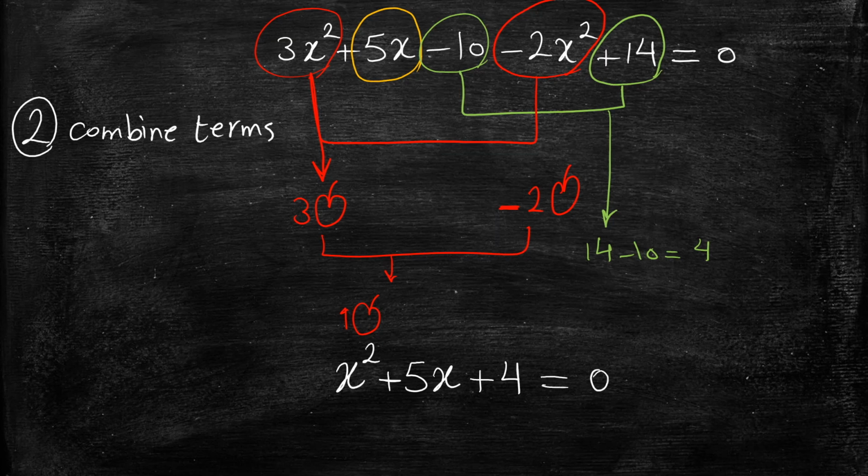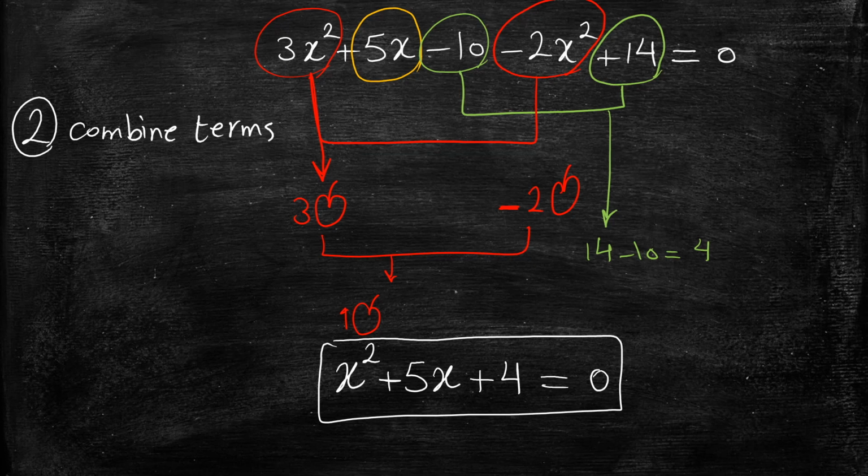So we basically combined terms on the left hand side of the equation. Anything that could be added together, things of the same nature, we did that. So we basically simplified our equation to this level. Great. Now let's see.